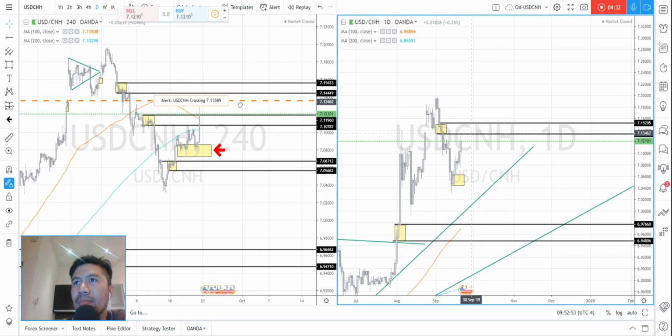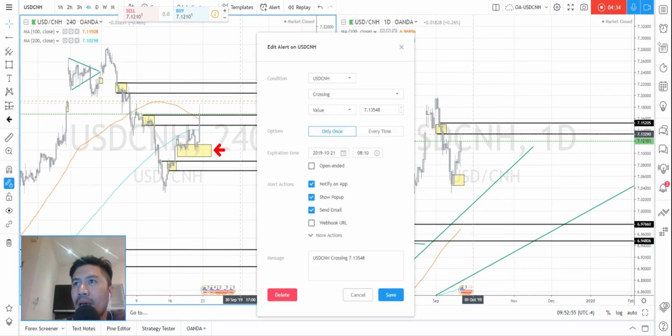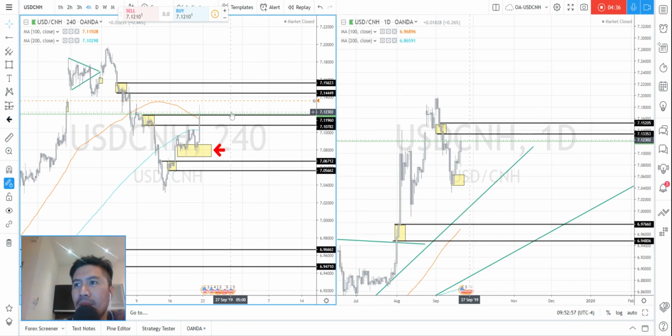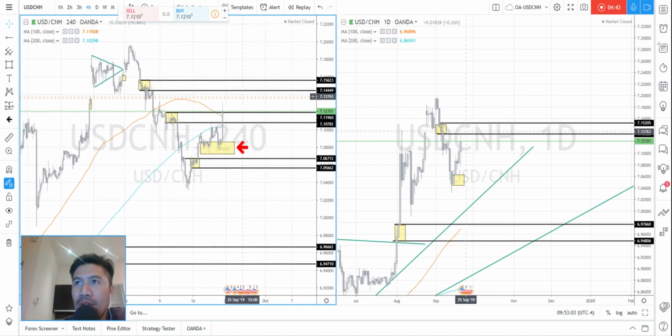Okay, so I put my alert here, so that when the price reaches here, if I'm busy in the office, for example, at least I can see the signal on my phone, and then I can look into it and decide again whether I am going to sell or not.